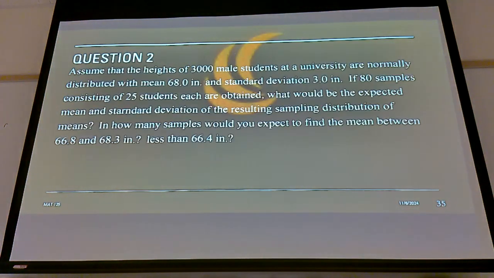Assume that heights of 3,000 male students at a university are normally distributed with a mean of 68 inches and a standard deviation of 3 inches.